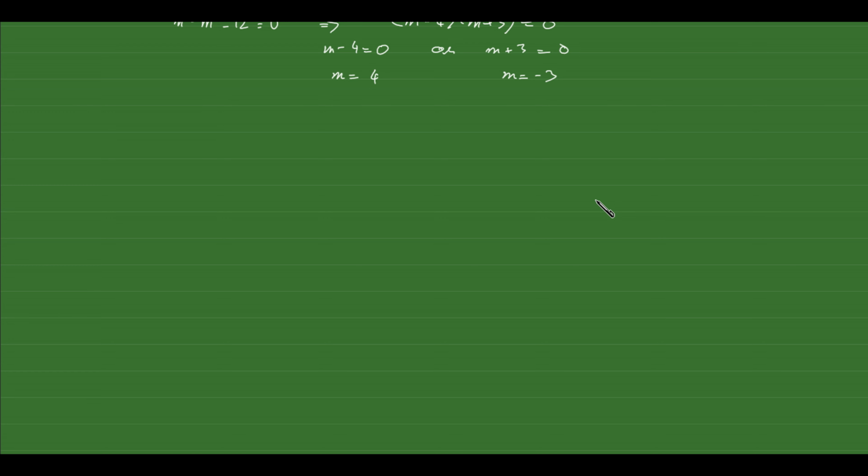Now the third method is the new method, and this belongs to college algebra. This method we call the square root method.